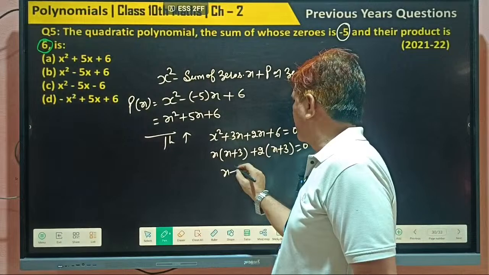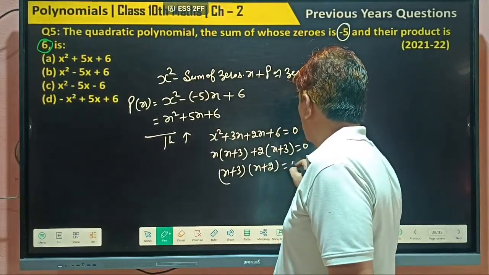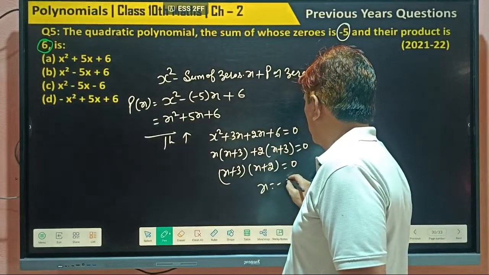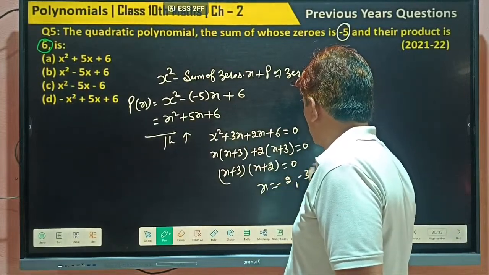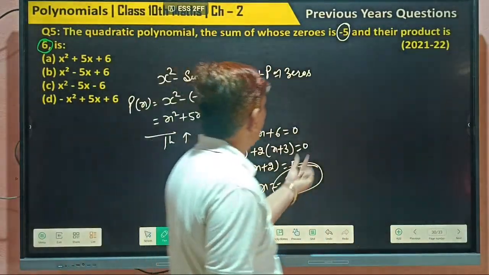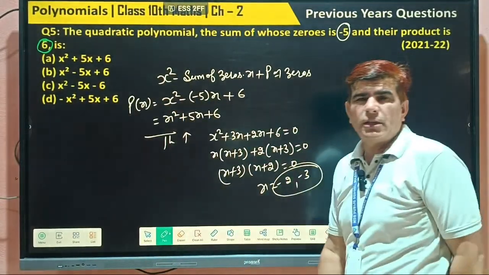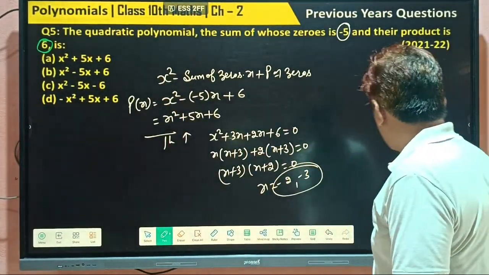So x plus 3 and x plus 2 are common, equal to 0. What are the values of x? Minus 2 and minus 3. So its zeros are minus 2 and minus 3. What's their sum? Minus 5. What's their product? 6. It means your answer is right.